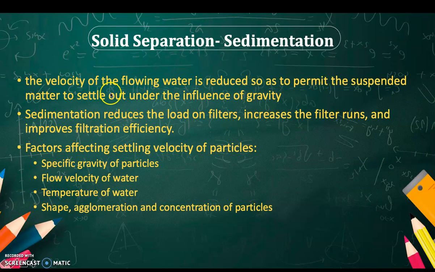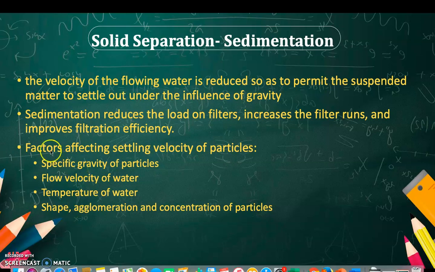The velocity of the flowing water is reduced so that the suspended matter can settle out under the influence of gravity. It cannot be so fast. These are the factors affecting the settling velocity of particles: specific gravity of particles, flow velocity of water, temperature of water, shape, agglomeration, and concentration of particles.